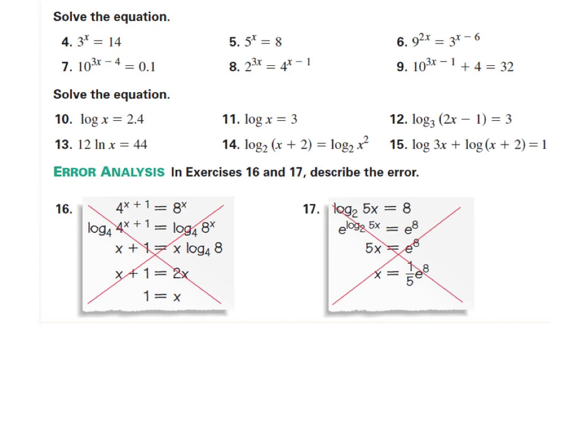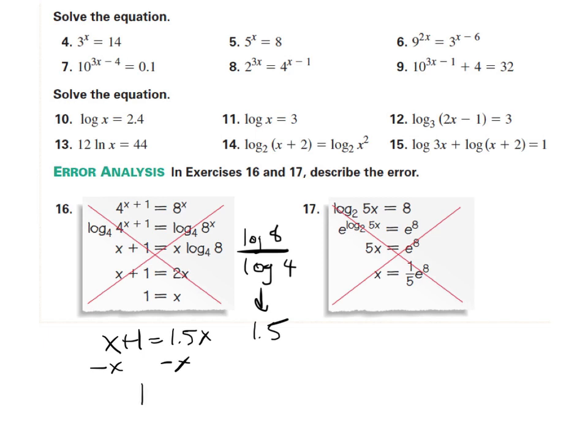I would have said log of 8 over log of 4, and that equals 1.5. So we should have had x plus 1 equals 1.5x, and then we can subtract x from both sides and get 1 equals 1/2 x, or x equals 2.